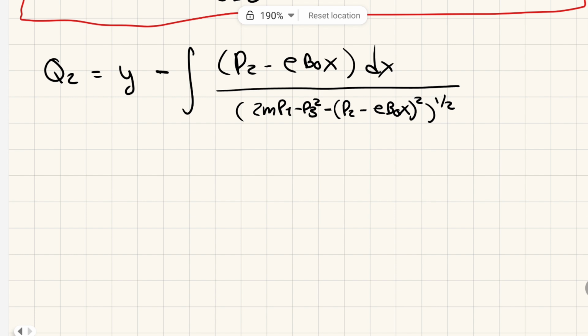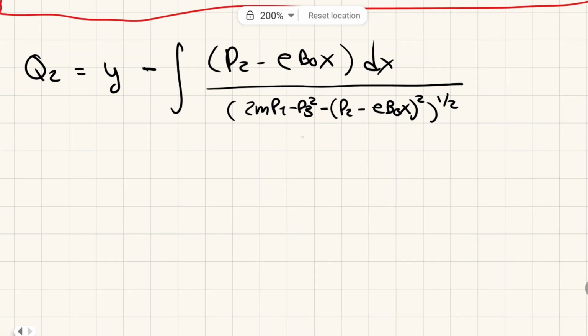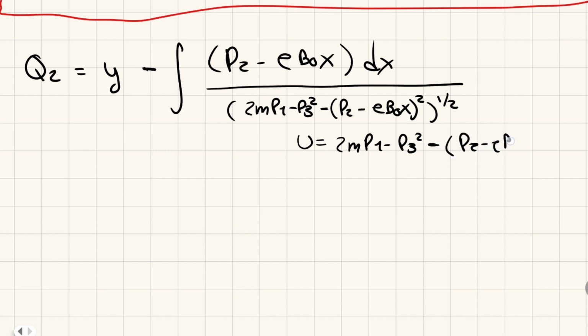In this case, it will be much easier than the other one, because if we make the substitution u equals 2mP1 minus P3 squared minus P2 minus eB0x squared, when we take the derivative, we are going to get what is here, right?